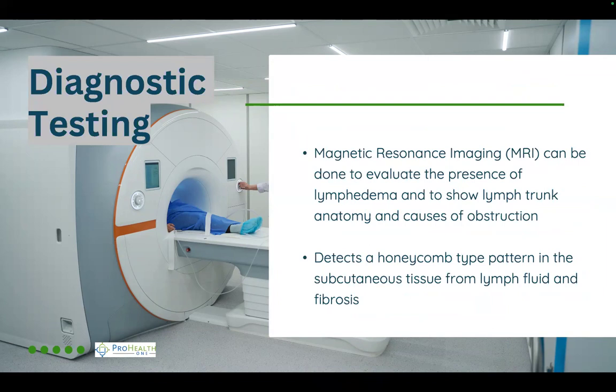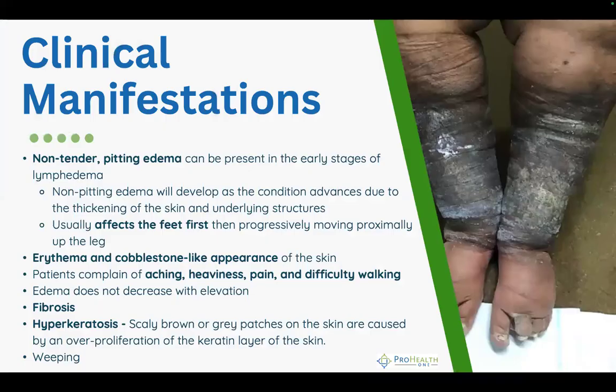It shows you a honeycomb pattern in the subcutaneous tissue, from where you have disruptions in the flow of lymph and where you have fibrosis, so you can see on the imaging to make an official diagnosis. That's also available, but typically a very good physical exam is all you need to diagnose lymphedema.